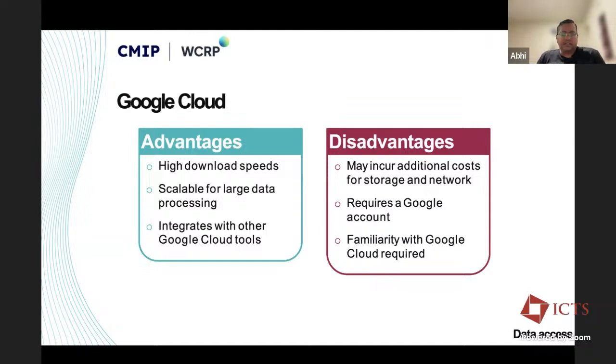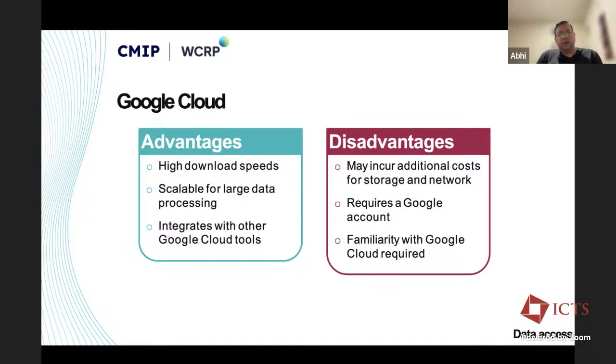The other way you can access CMIP5 or 6 datasets is through cloud services. For example, Google Cloud now hosts a lot of CMIP6 datasets. There's also some data hosted on the Amazon Cloud service, and probably on Microsoft Azure.